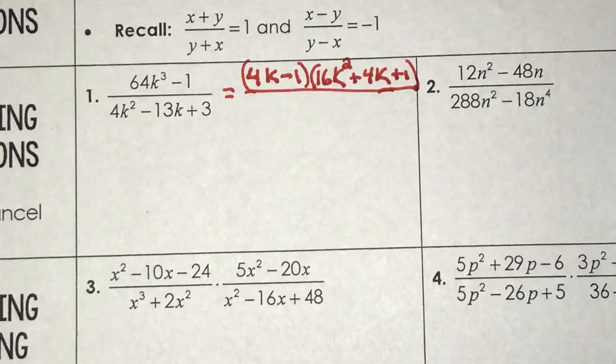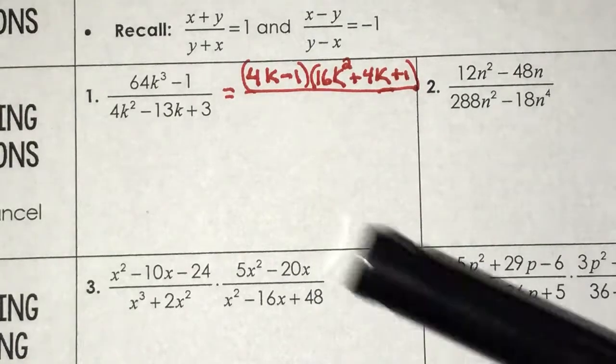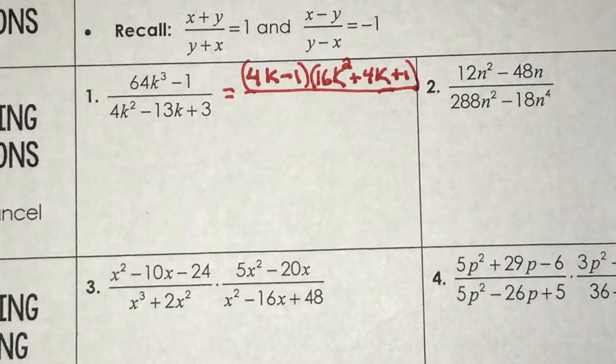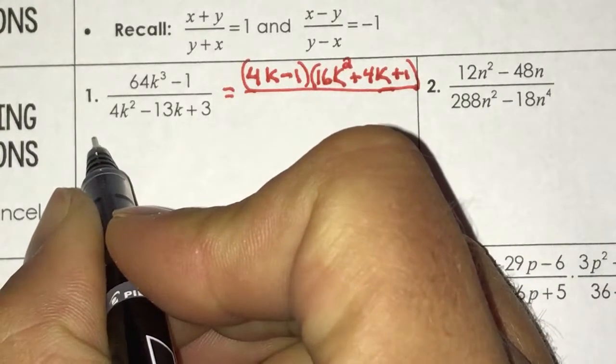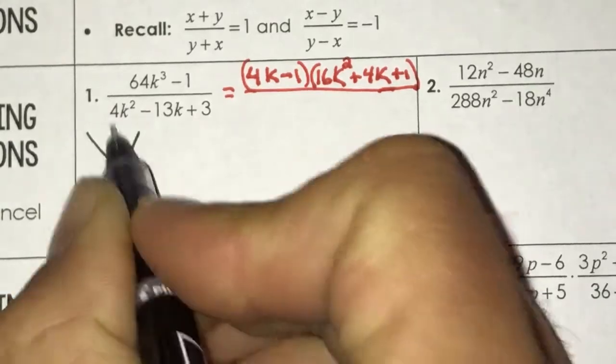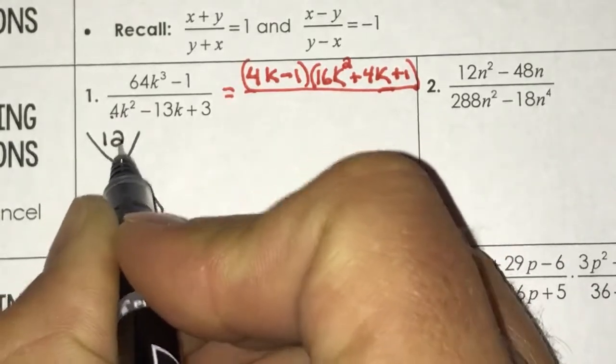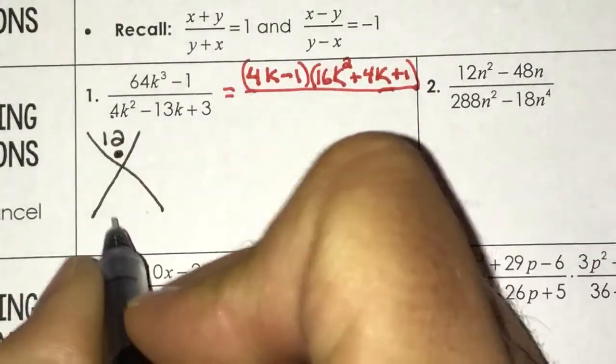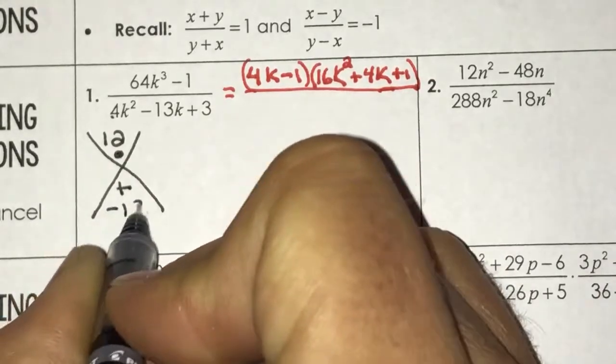Factor the denominator. Is there a GCF in the denominator? There's no GCF. So now it's a trinomial, so we have our bottoms up method. Factors of 12, numbers that multiply to be 12, that add up to be negative 13.